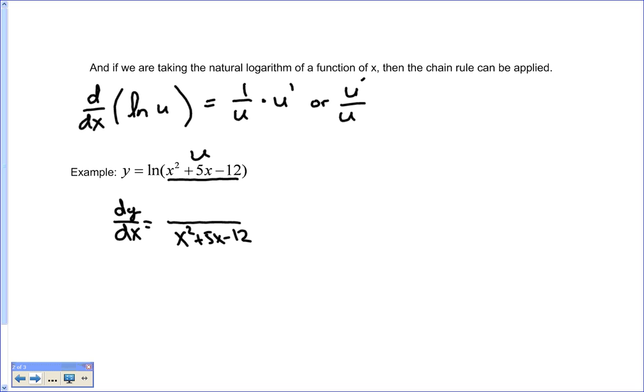And my numerator is the derivative of u. So my numerator is going to be 2x plus 5. And that would be our answer. Sometimes we may be able to factor the denominator and it cancels with part of the numerator, but the numerator is 2x plus 5, and there's no way we're going to get a coefficient of 2 in the denominator.